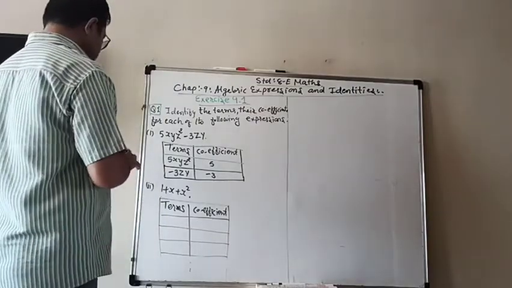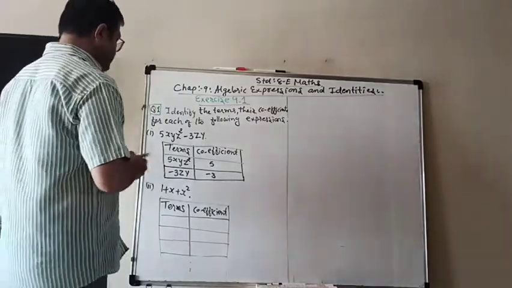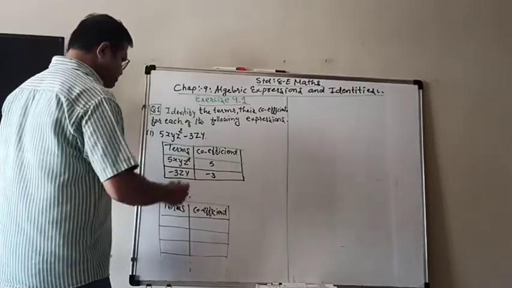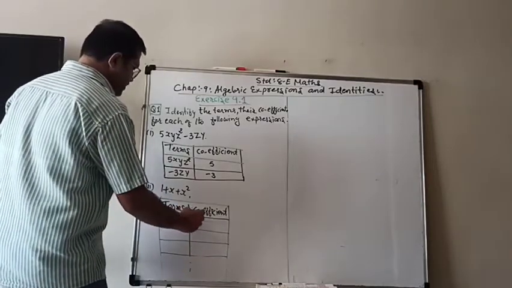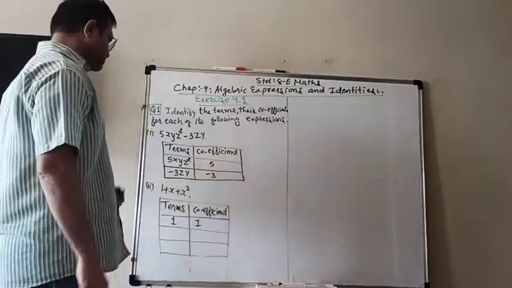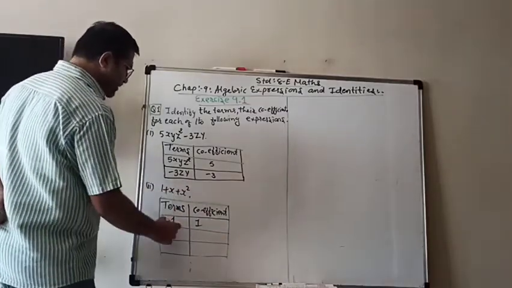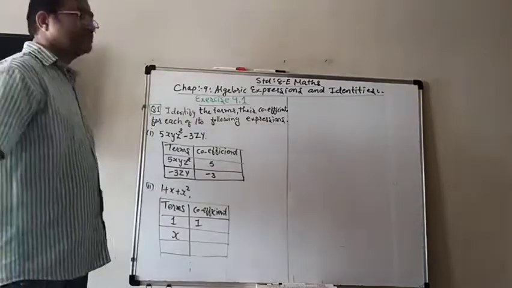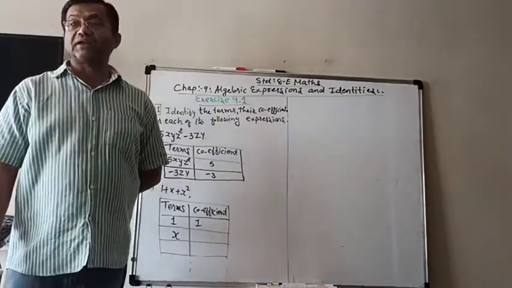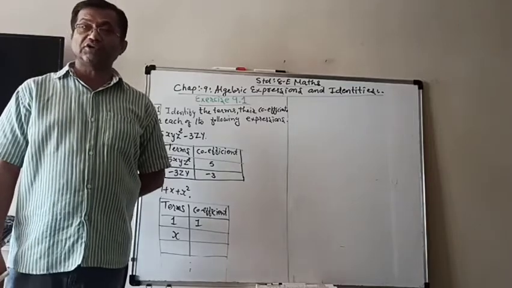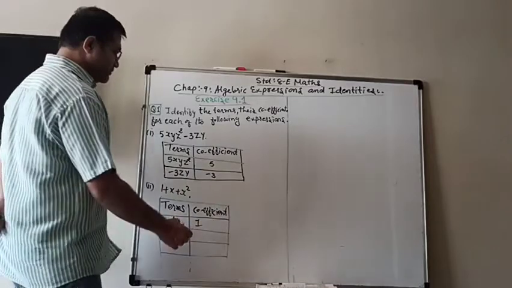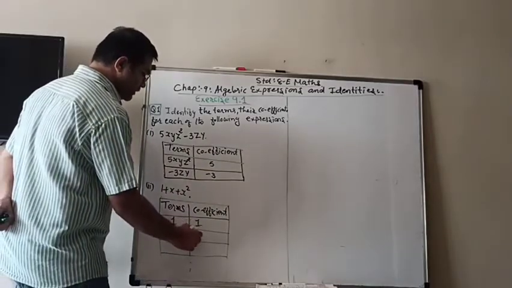So now the first term is 1, and it is a constant term, so you can say 1 itself is the coefficient. Second term is x. Now before x no number is there, but we know that 1 is the factor of all of them, and therefore its coefficient is also 1.